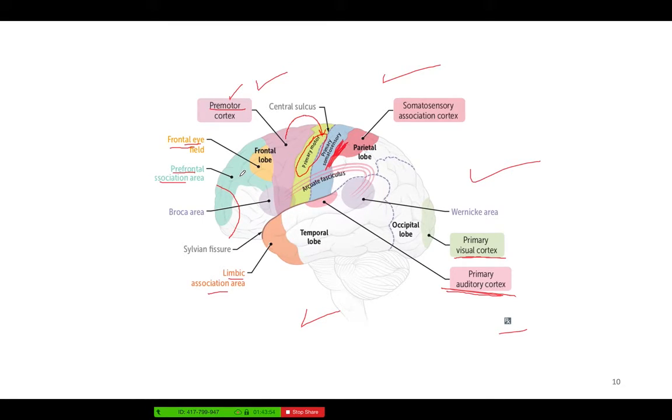The answer choices are not going to be located right next to each other, so you don't need to memorize the creases in the brain and say, oh, this is 5 creases north, 3 creases south. Don't worry about that. Just have a general idea that the frontal eye field is in the prefrontal cortex.